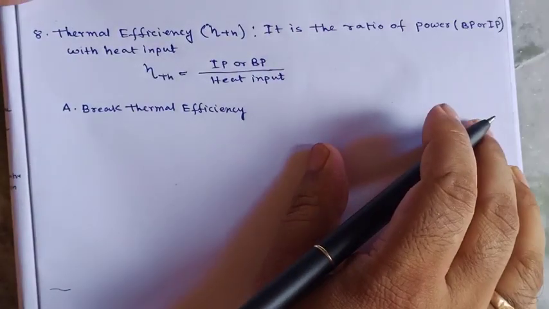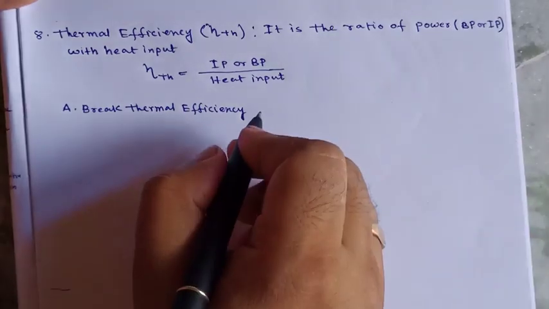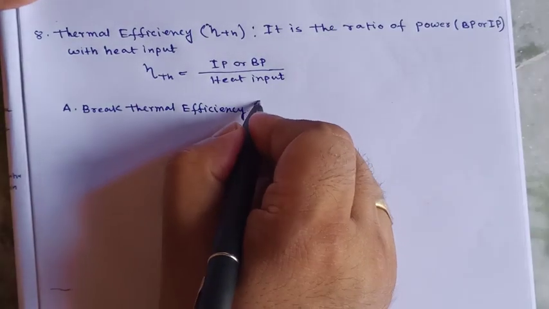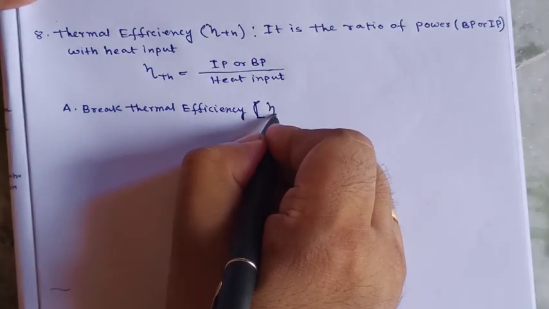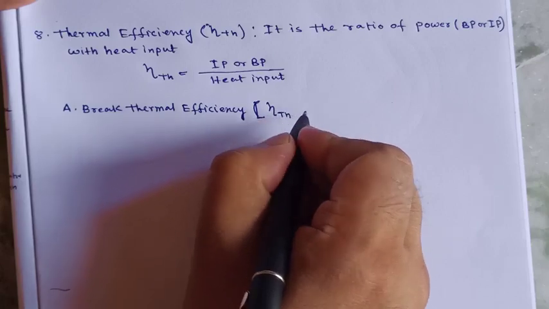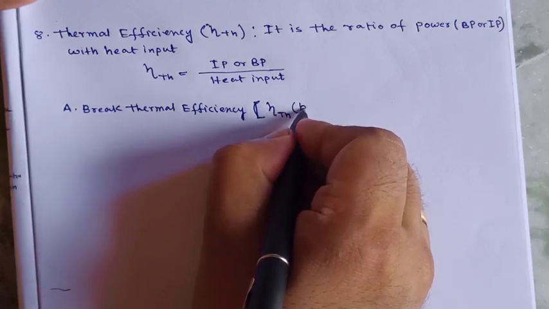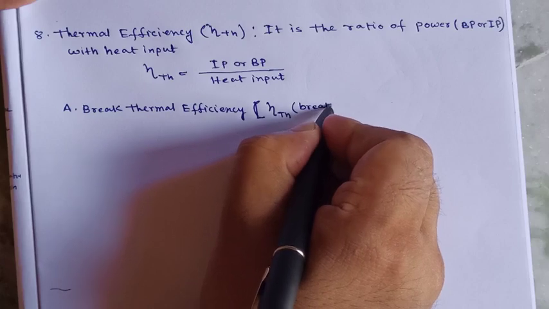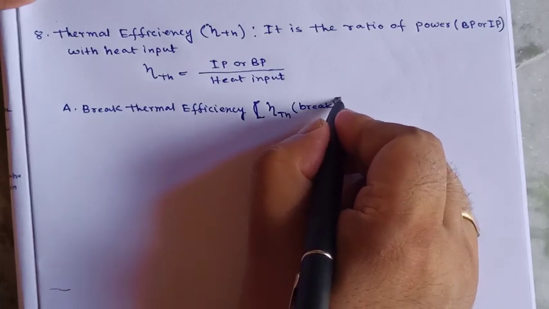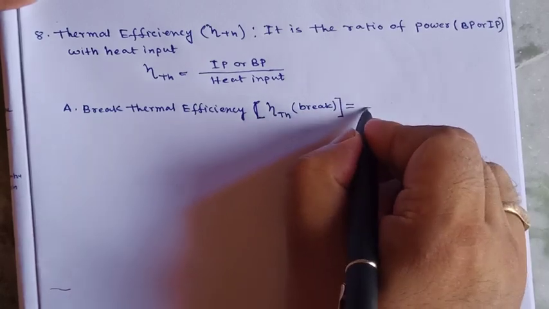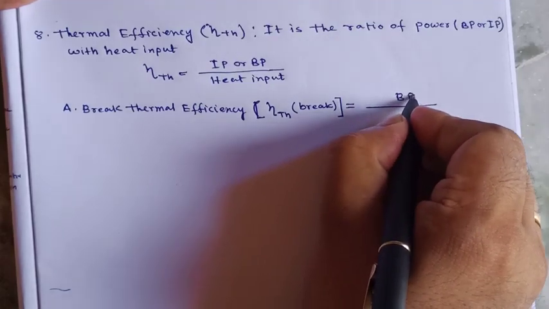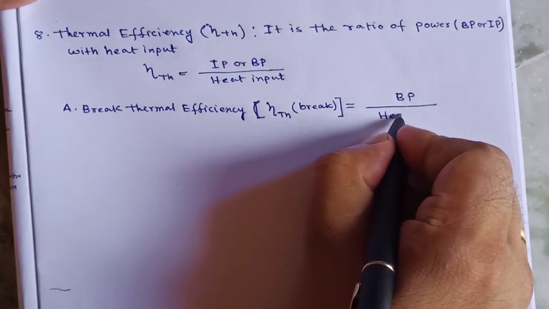It is generally two types. One is brake thermal efficiency, that is denoted by eta th brake, equals BP by heat input.